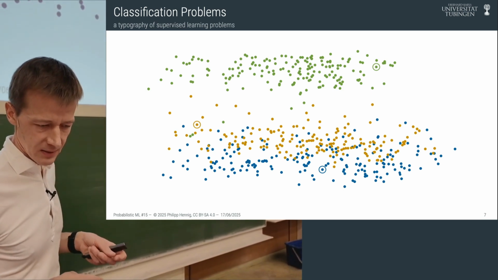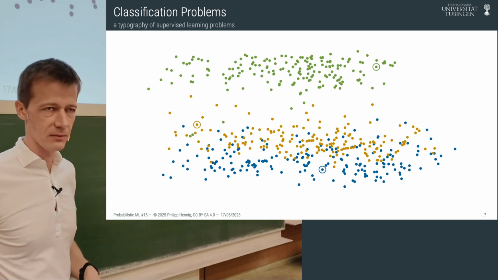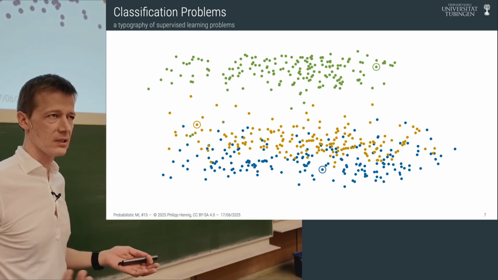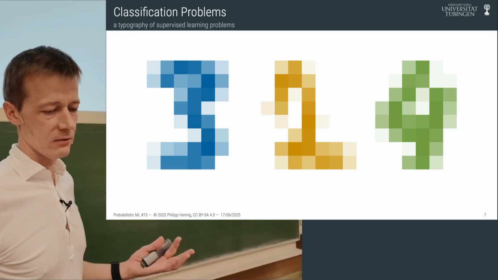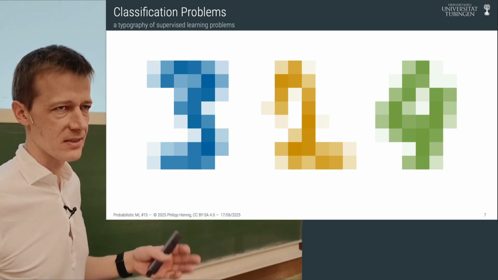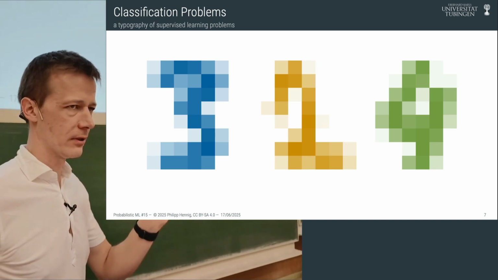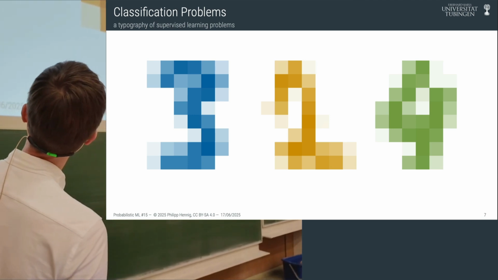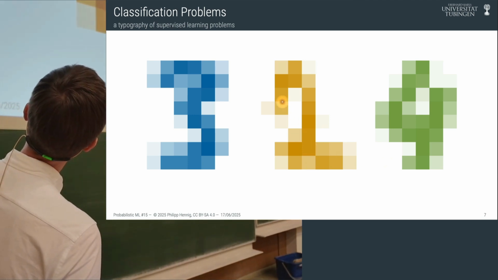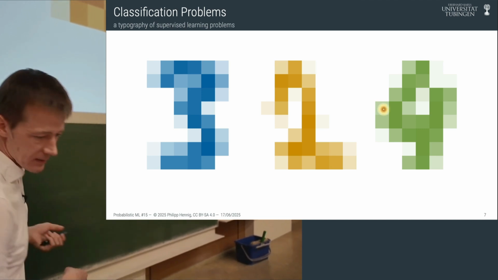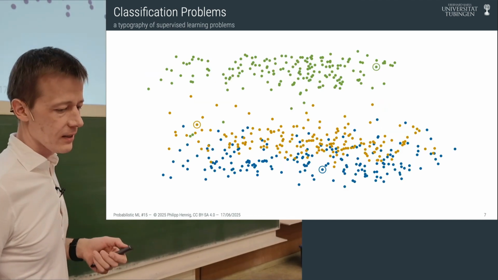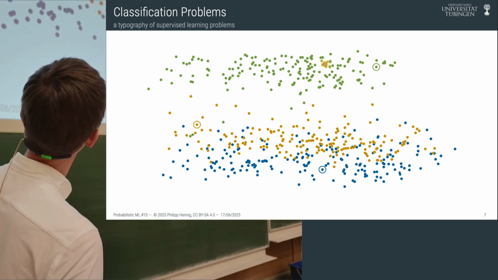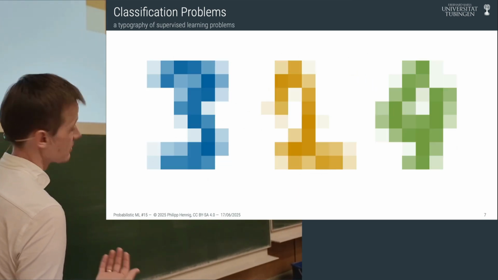I think it's actually pixels, 28 by 28, that have grayscale values, and then I did principal component analysis on them, and these are the original images. It's not MNIST, it's this even simpler digits problem from SciPy. So here's a 3, here is a, I don't know, maybe that's a 1, and that's a 4, I guess. And these 3 circled dots correspond to these 3 images.